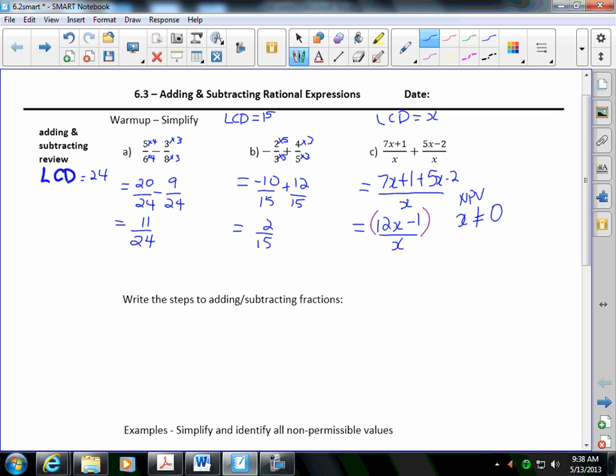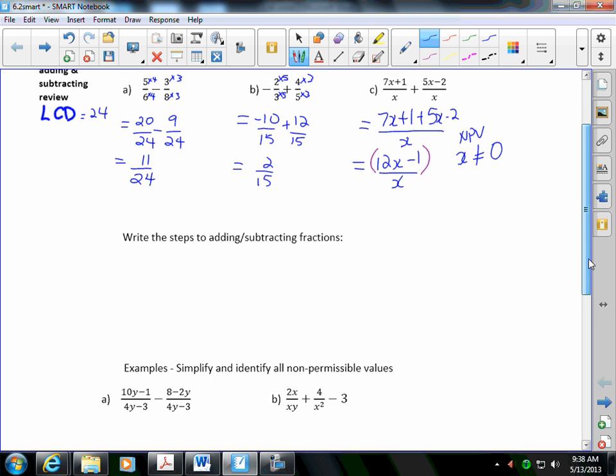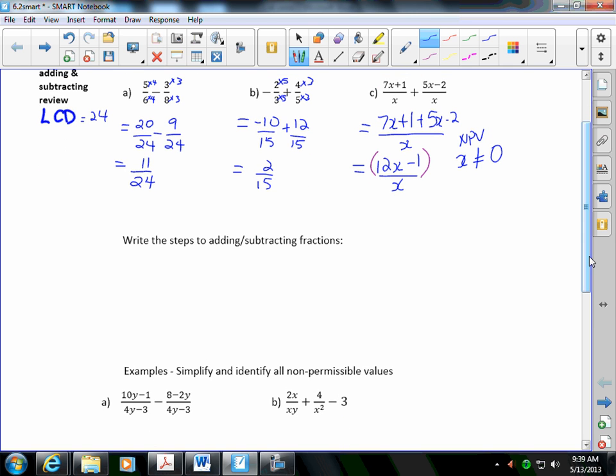So what are our steps for adding and subtracting fractions? What's the first thing I did? Right. So I find the lowest common denominator. And once I've done that, then I either added or subtracted my numerators, depending on what the signs are.